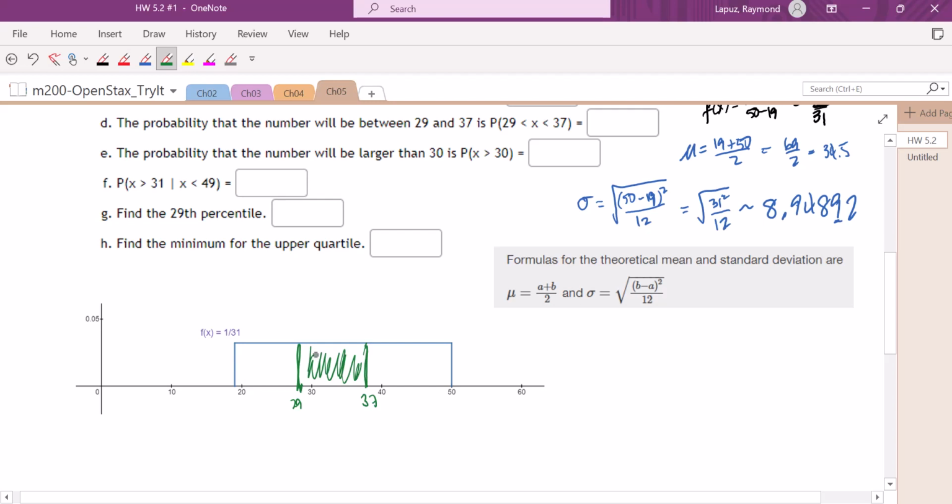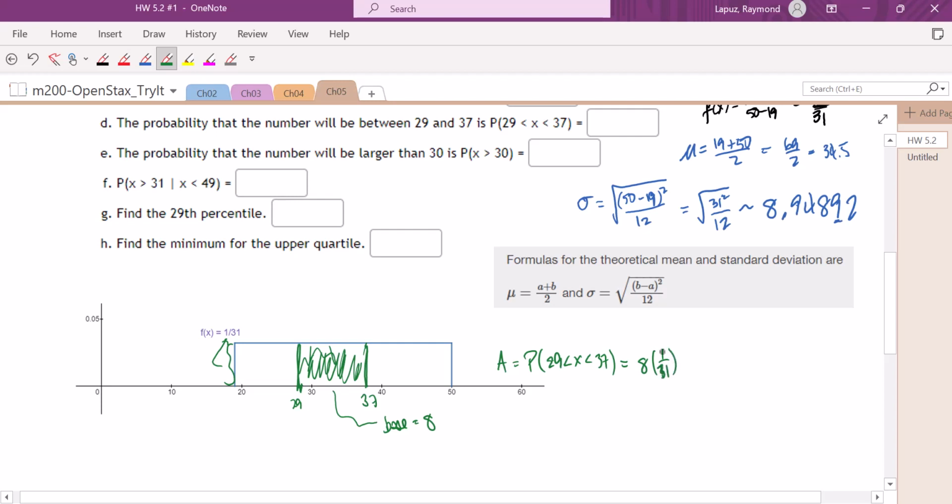You need to take the difference between 37 and 29, and that difference is 8. So the base of this rectangular region that we're shading is 8, and the height is 1 over 31. The area, which is equivalent to the probability we're looking for, is the base times the height of this rectangle.